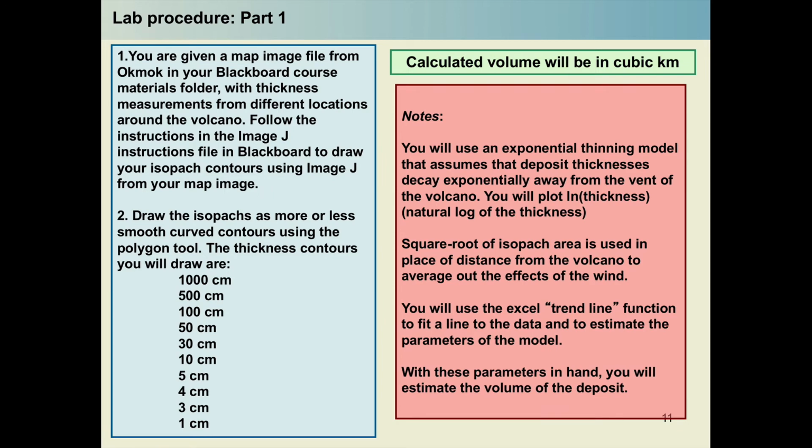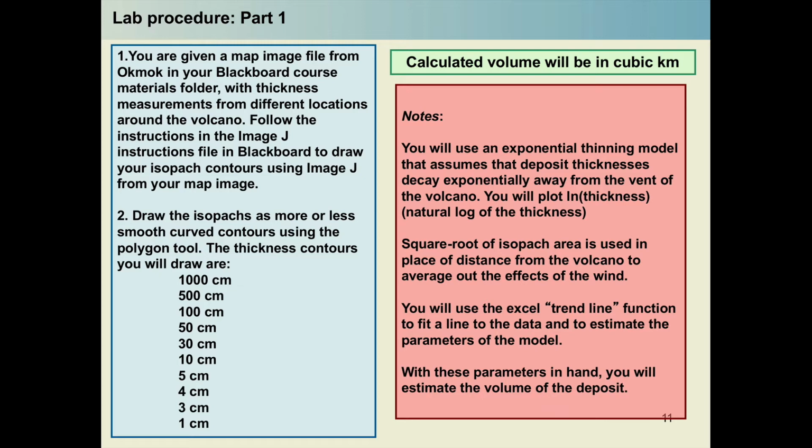Okay, so you're given the map image file from Okmok in your Blackboard course materials folder, and it has the thickness measurements from the different locations around the volcano. You're going to be using an image processing program called ImageJ. It's totally free, and it's actually a really great program. So follow the instructions in the ImageJ instructions file in Blackboard to download and start using ImageJ for your map image.